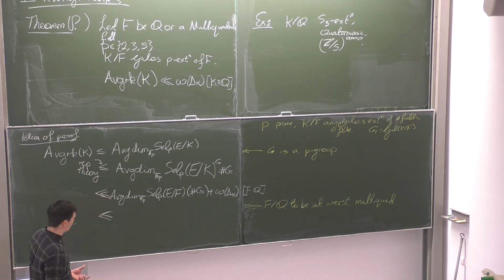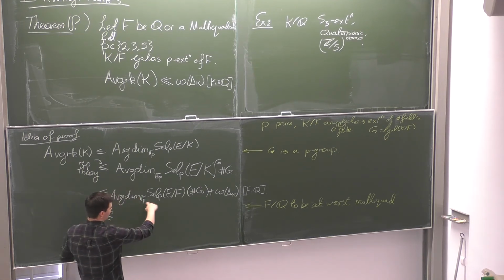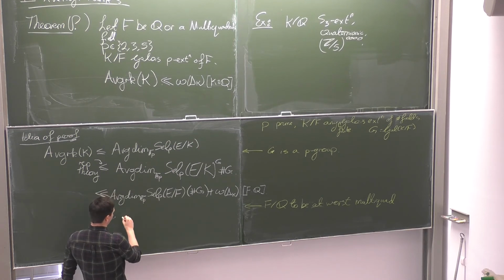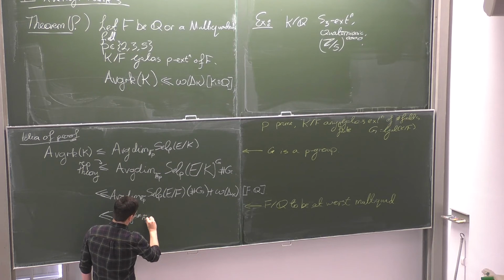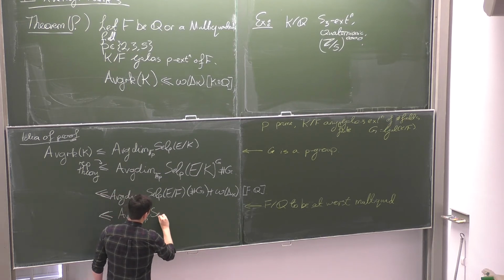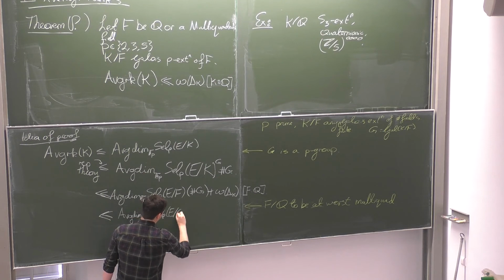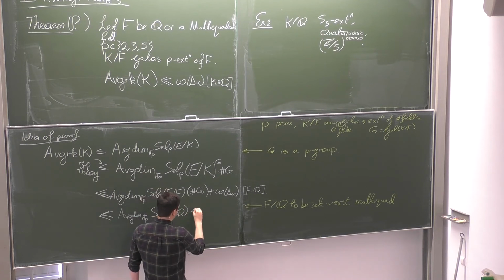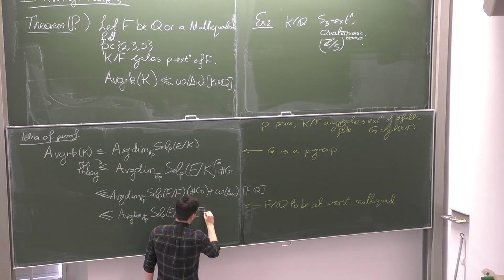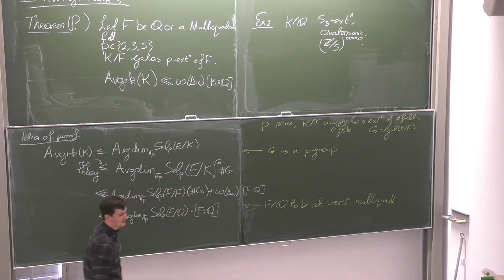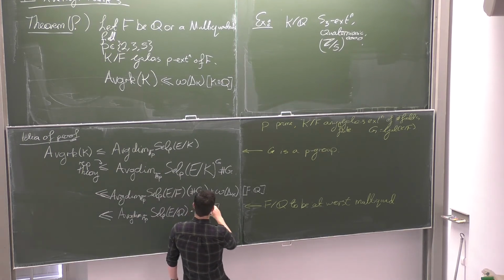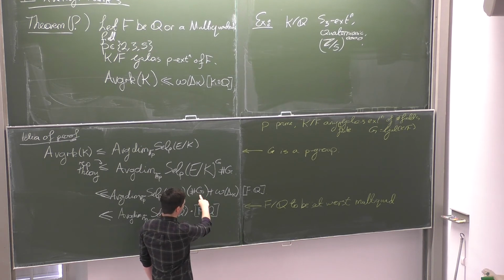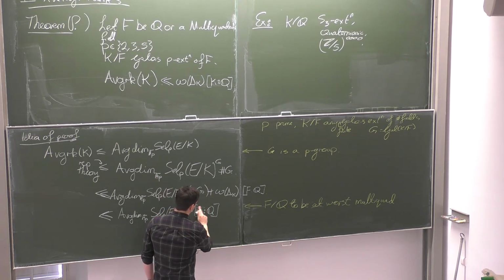So we can reduce understanding the dimension of the p-Selmer group over F to understanding the average dimension of just these individual quadratic twists, so the p-Selmer groups of elliptic curves over Q, but you pick up the number of quadratic twists you're dealing with, which just happens to be the degree of F over Q. And again, we multiplied by the order of the group, but that's just the degree of K over F, so I can just replace this.